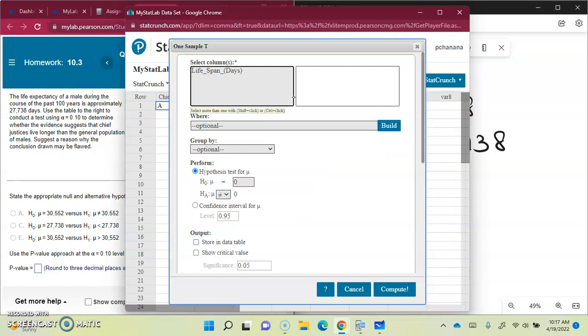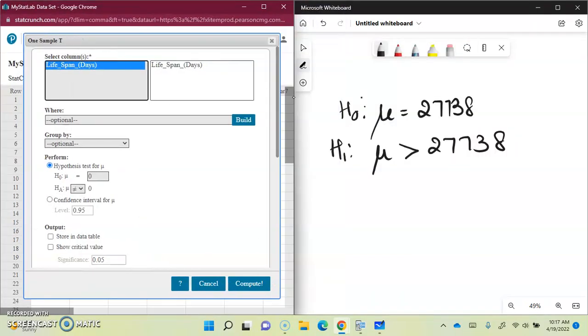Data is given, so the data is in lifespan. We need hypothesis testing, and our null hypothesis is mu is equal to 27738, and the alternate is mu is more than that, not less than, more than.